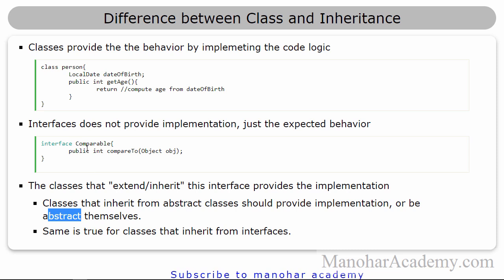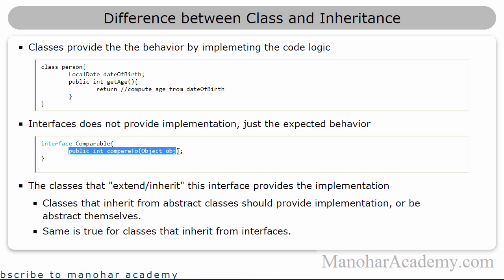If you are inheriting from this interface, you have to provide the implementation details. If you don't provide the implementation for this abstract method, then you will be abstract. So whenever you are implementing or extending this interface, you have to provide the behavior.